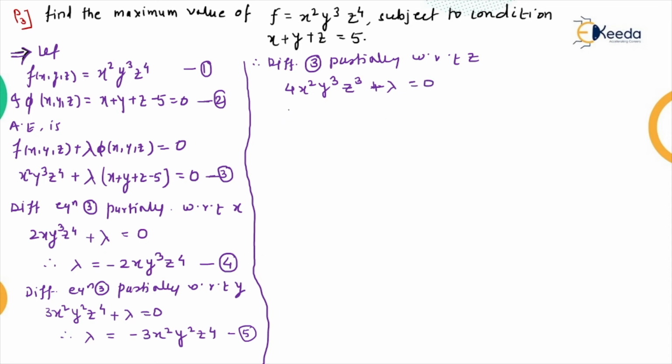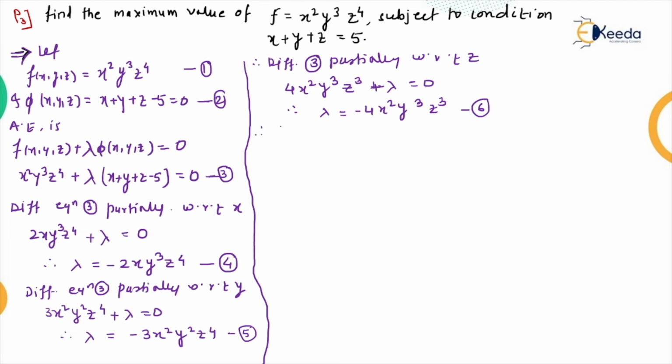So lambda is equal to minus 4x square y cube z power 3. This is called equation number 6 for reference.